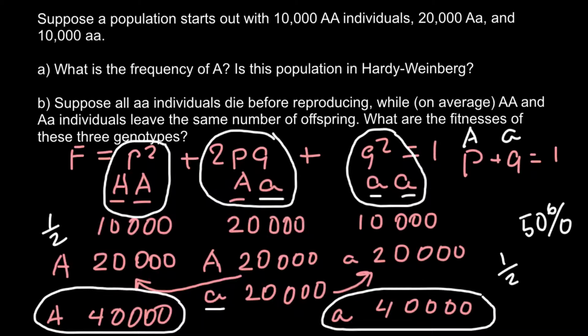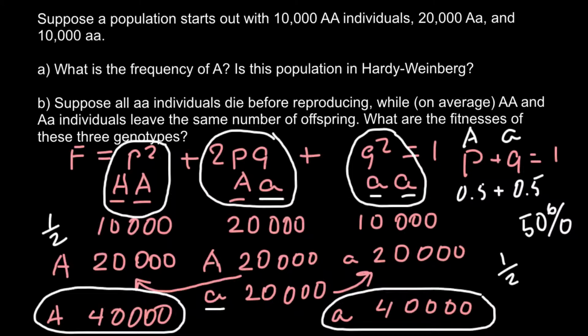According to this formula, which we call the Hardy-Weinberg formula or equilibrium, we have found that the frequency of the dominant allele p is 0.5 and the frequency of the recessive allele q is 0.5. For p squared, we multiply 0.5 by 0.5, and we get 1/4, right?